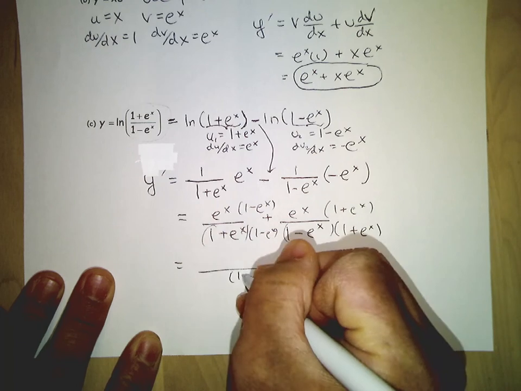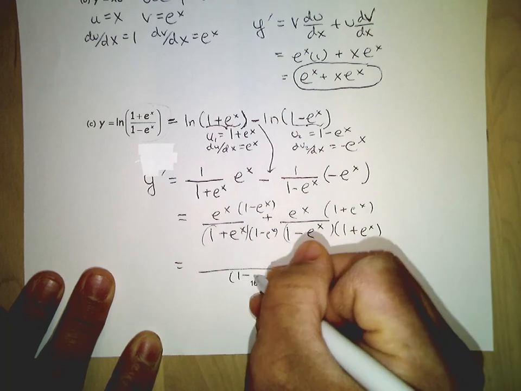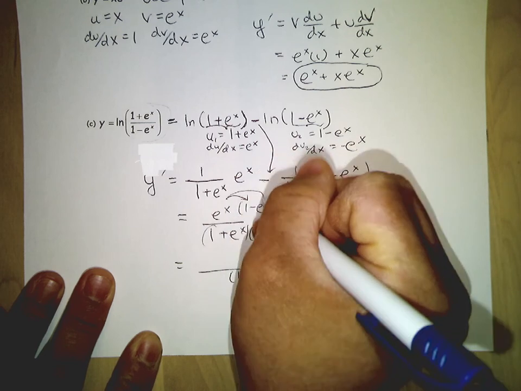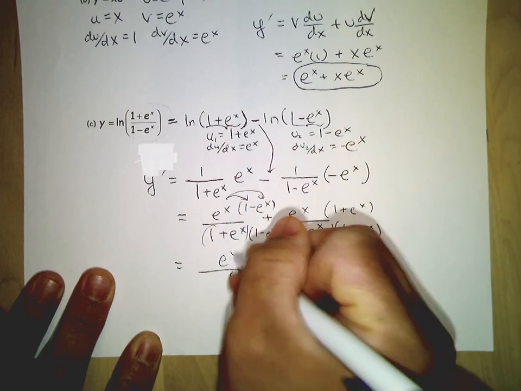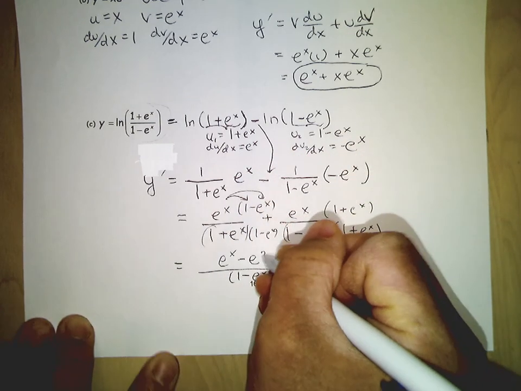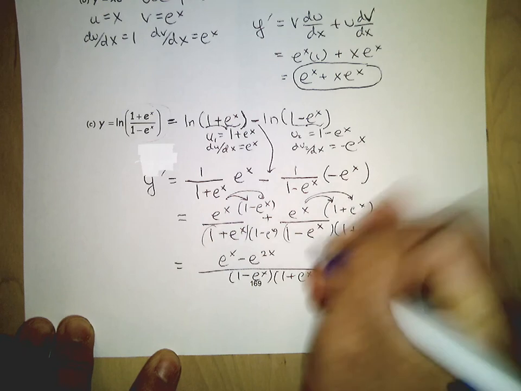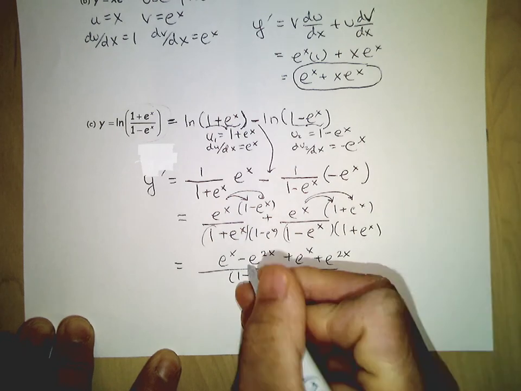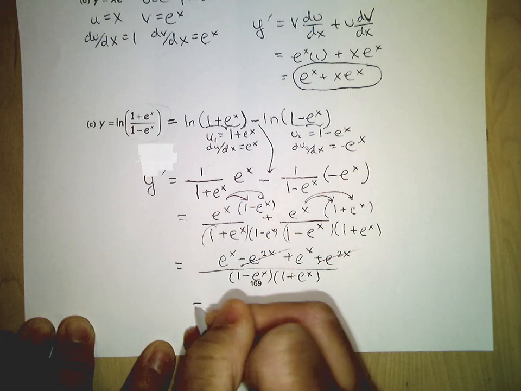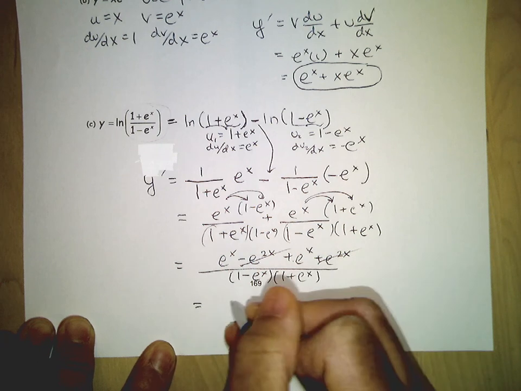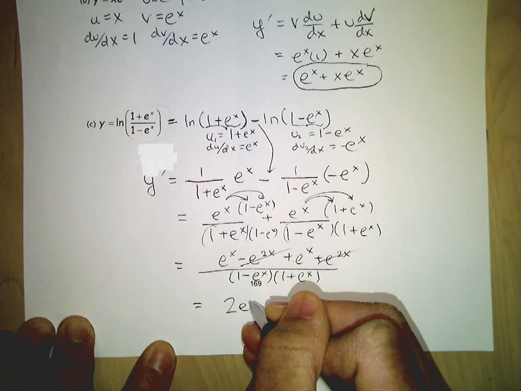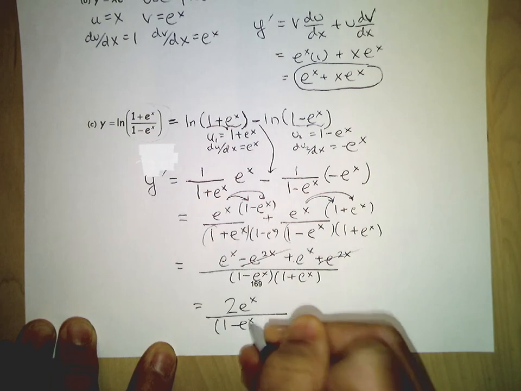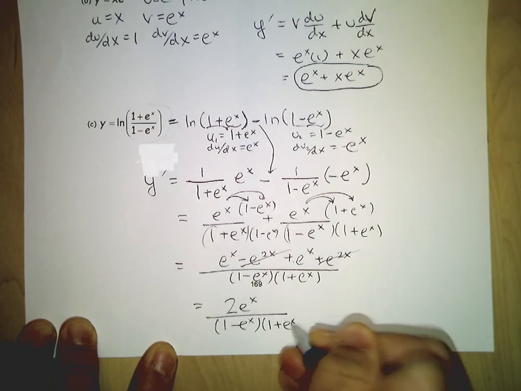I'll distribute, so I have e to the x minus e to the 2x, plus e to the x plus e to the 2x. E to the 2x zeroes out, so I actually have e to the x plus e to the x, which is 2e to the x, all over (1 minus e to the x) times (1 plus e to the x).